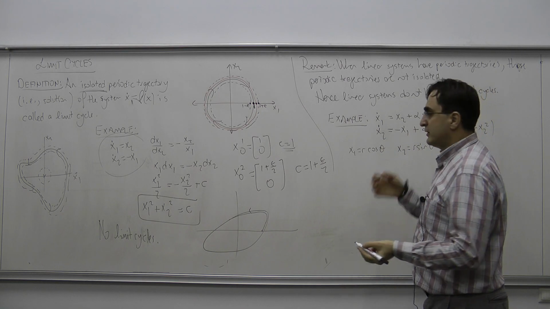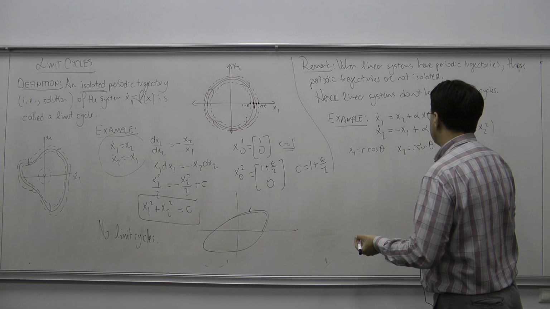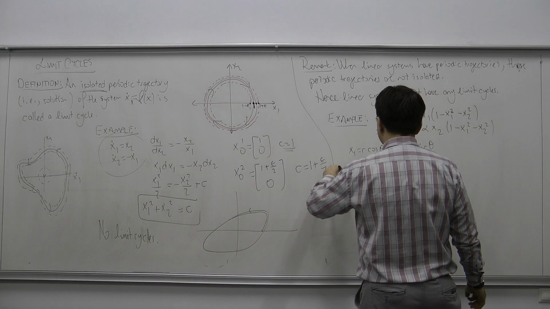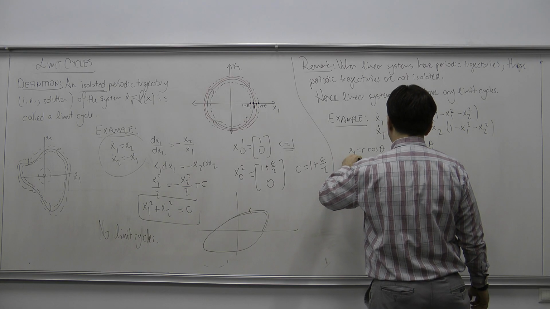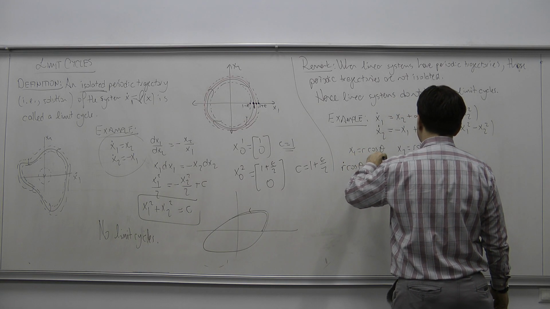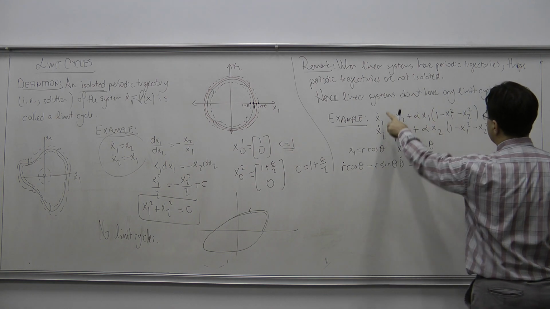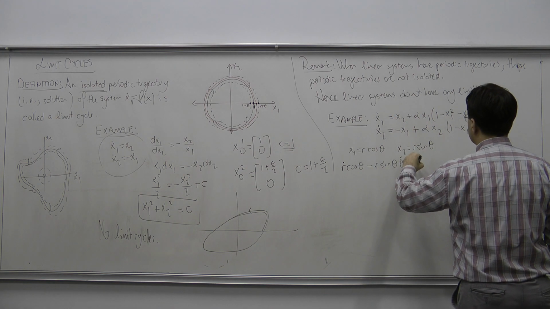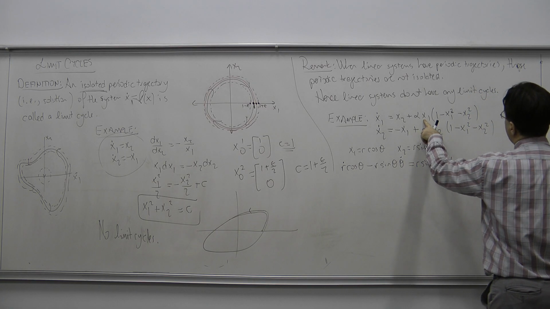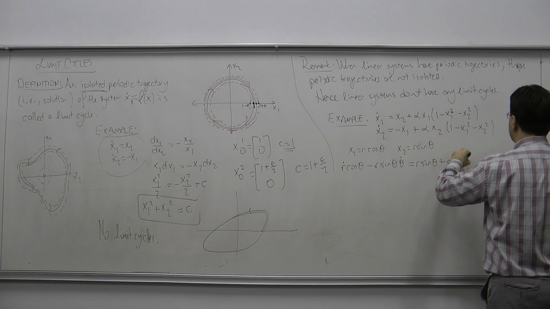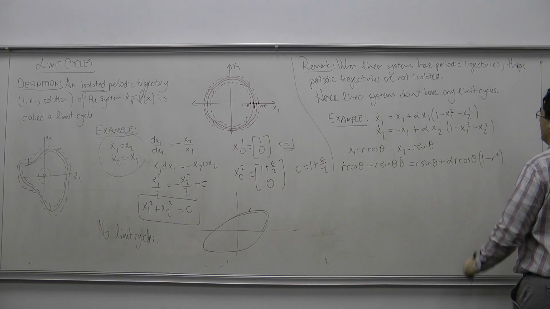I have done this a few times now, so I will not do it with a lot of explanations. I will calculate x1 dot: it is r dot cosine theta minus r sine theta theta dot, which is equal to x1 dot, given here as x2, r sine theta, plus alpha times x1, r cosine theta, times 1 minus r square.